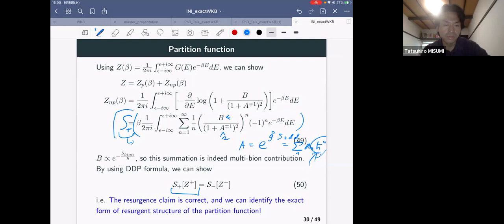This Borel summation, the Borel plane, is defined by this H bar. I mean, this S plus is like this. So S plus C is like, I see.